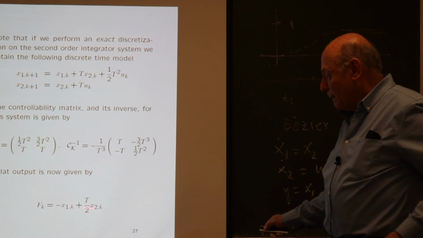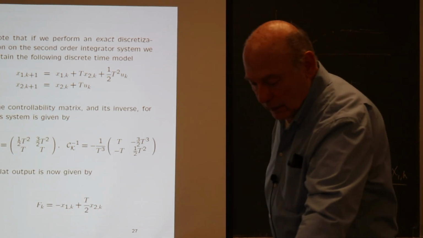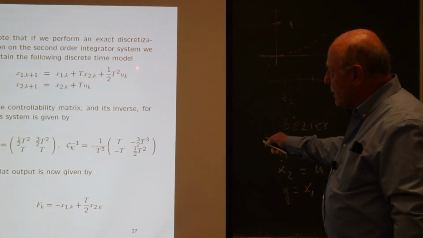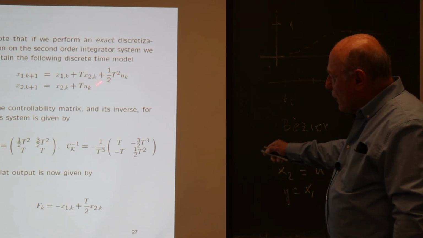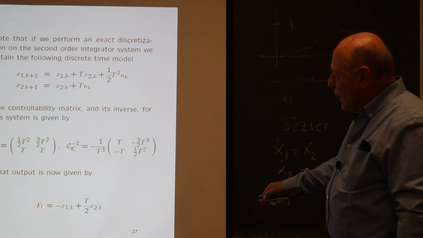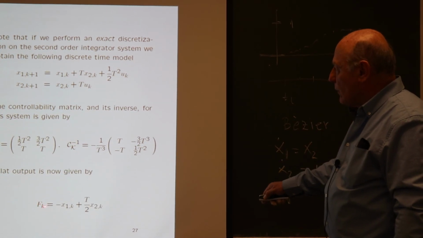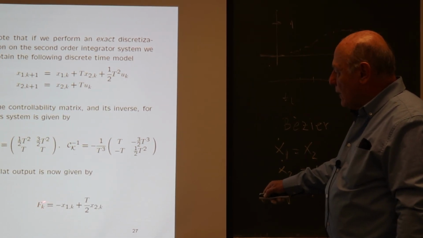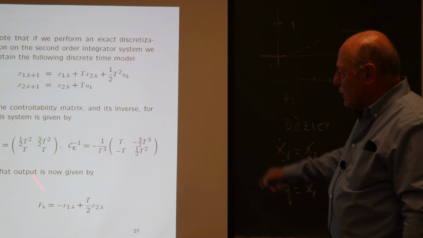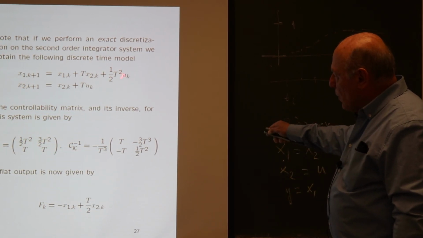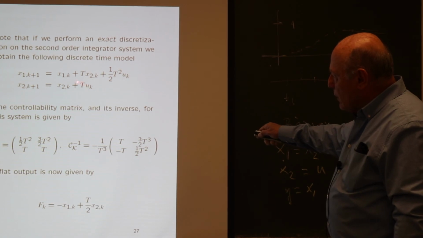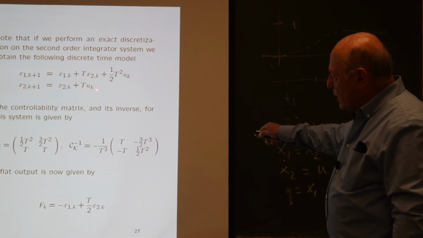And in this presence of u, the flat output is such that you're trying to eliminate the influence of u in the first time shift of the flat output. You see, the next flat output contains x1 and x2. And here you're subtracting this portion from the multiplication by t halves of the input.